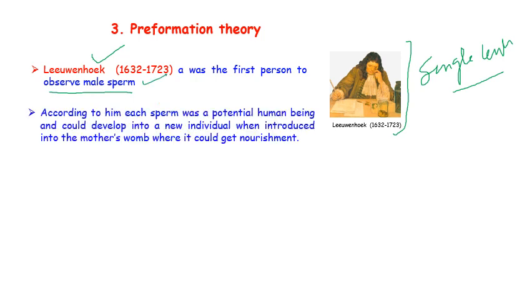He believed that each sperm had the potential to give rise to the full-fledged individual, to the whole human being. He believed that when the sperm is introduced in the mother's womb, where it can get nourishment, it develops into the full-fledged living organism.